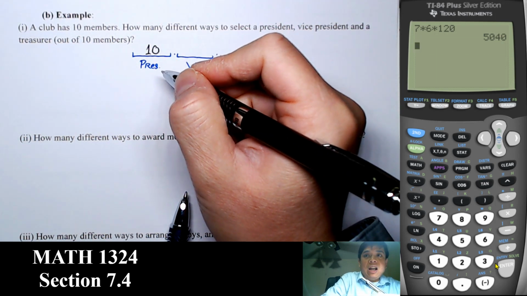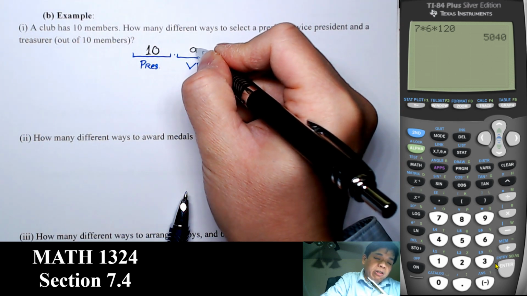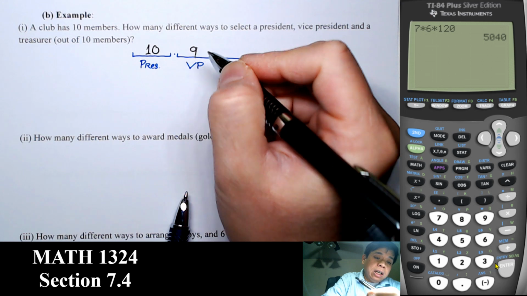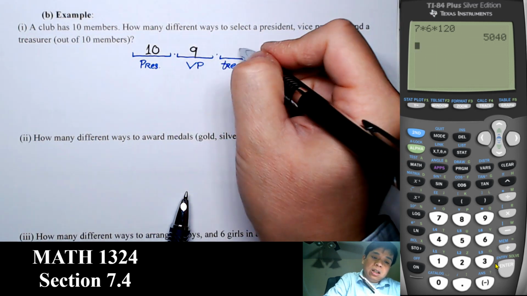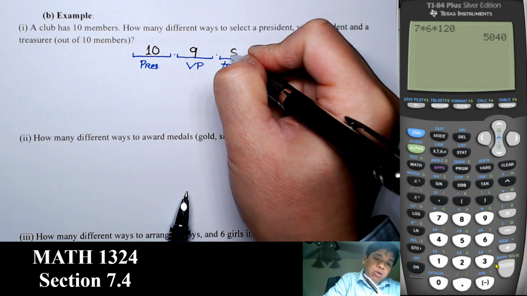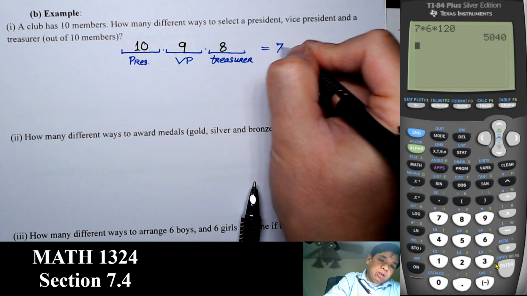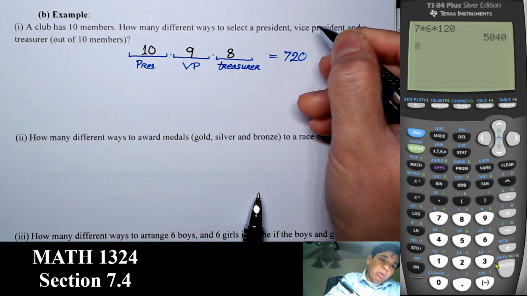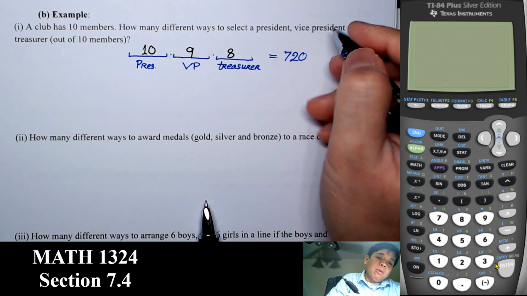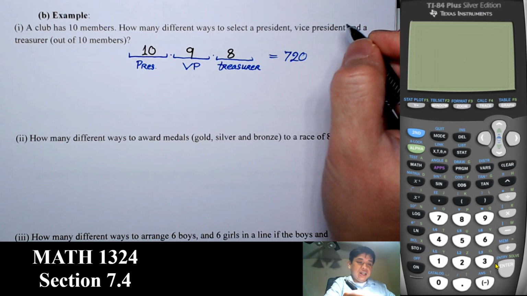After that there are 9 left, and one of those 9 will be vice president. After those 2 are taken, there are 8 left, and one of those 8 will be treasurer. We multiply all of this, and that gives us 720 different ways. So the answer is 720 different ways to select this.